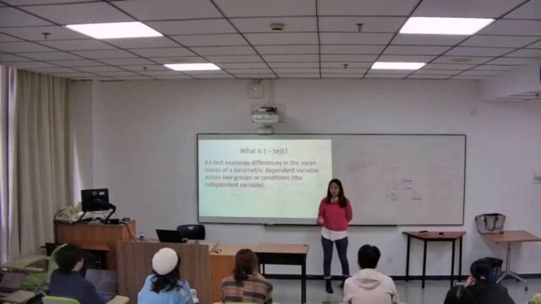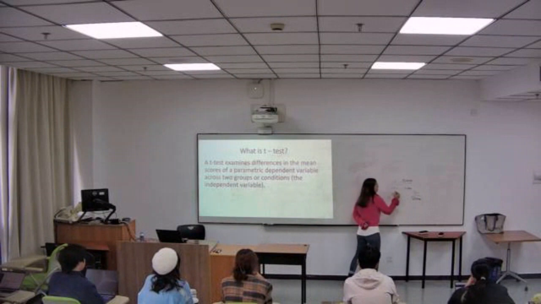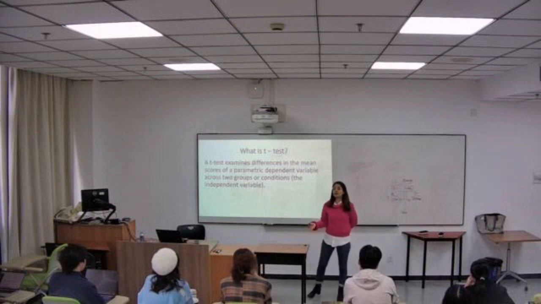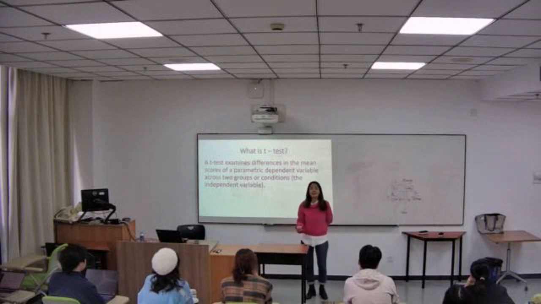Okay, everybody with me? Now, the DV. My objective is to check if the DV of these 2 is any different. So I'm going to use the statistics, which is called the t-test.